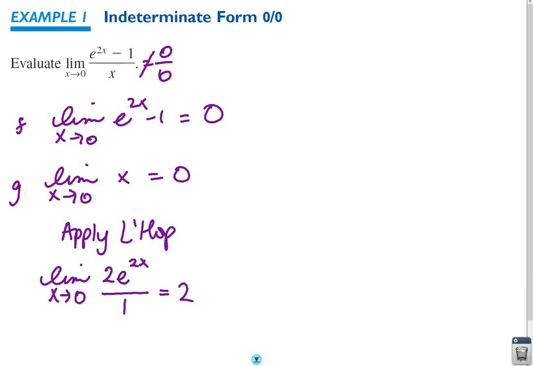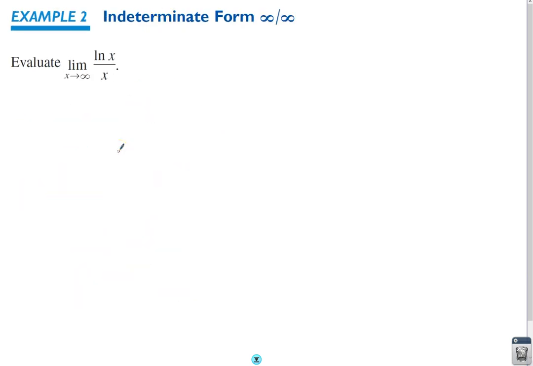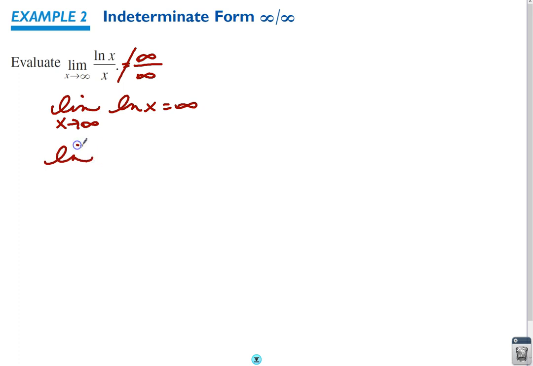Let's get to another example. Indeterminate form of infinity over infinity. We kind of already talked about one. Again, try direct substitution. The limit as x approaches infinity of the natural log of x over x. So, natural log of infinity is infinity over infinity. Oh no, indeterminate. We don't like that. As x approaches infinity, the natural log of x is infinity. As x approaches infinity, x is infinity.